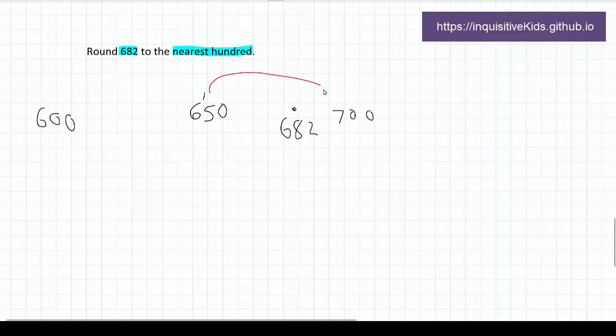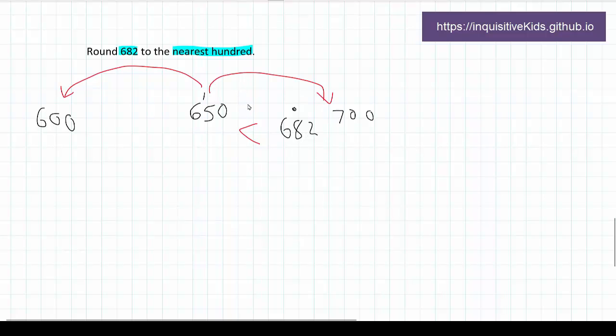Do we round up or down? You can see that 682 is greater than 650. That means that 682 rounds up to 700.